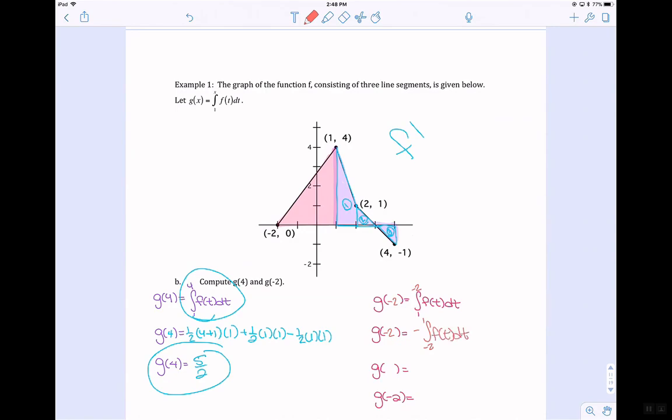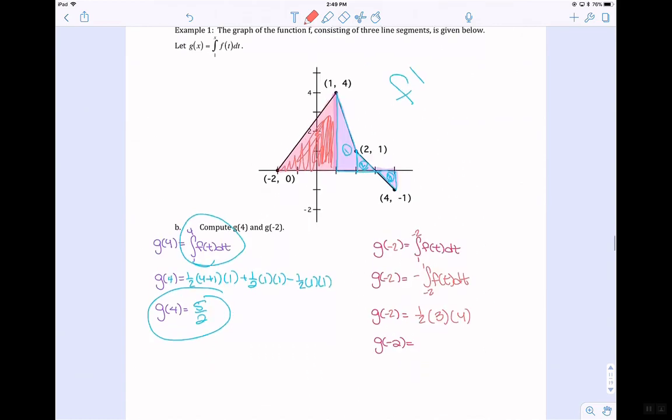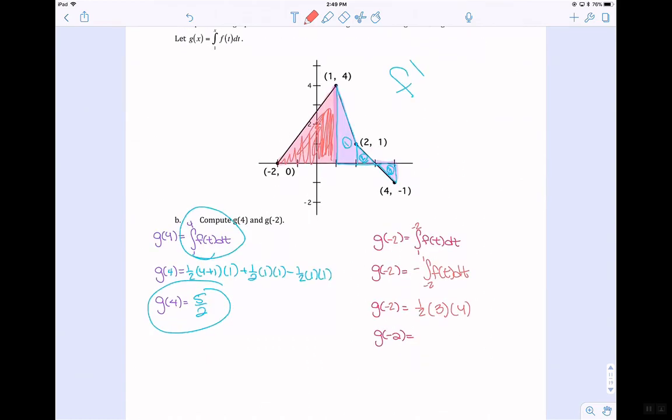And then from negative 2 to 1 is the area of this big triangle right here. So g of negative 2 is equal to 1/2, my base of that triangle is 3 and my height is 4. So g of negative 2 is equal to 6. Okay?